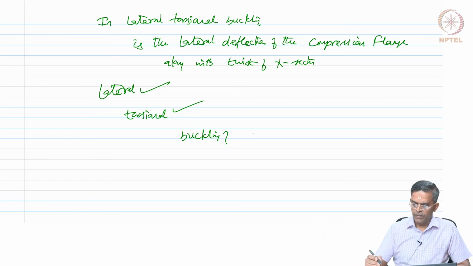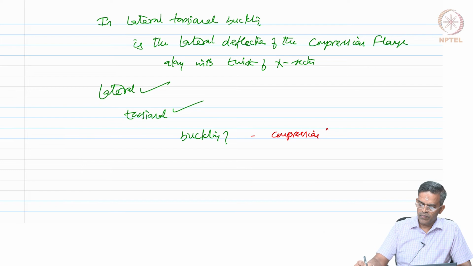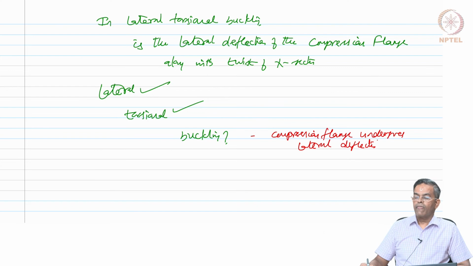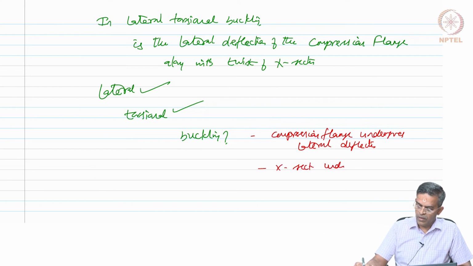Friends, it is very simple. Compression flange undergoes lateral deflection, cross section undergoes twisting.